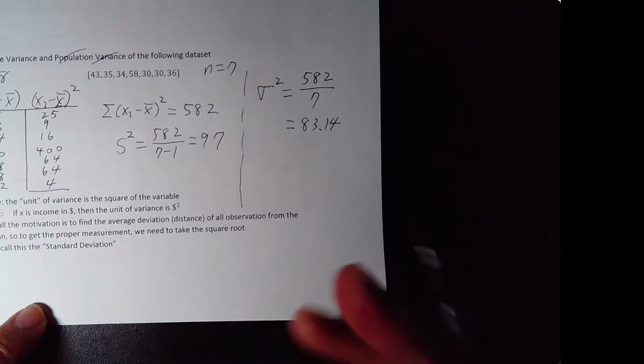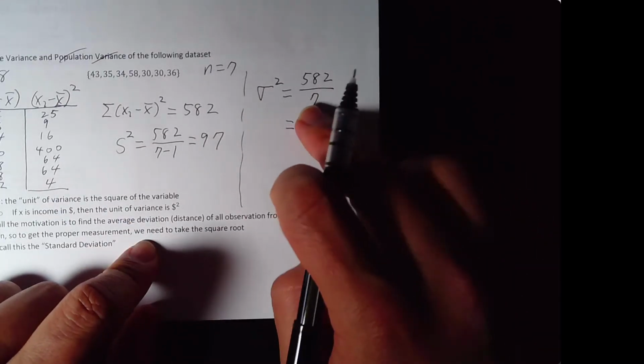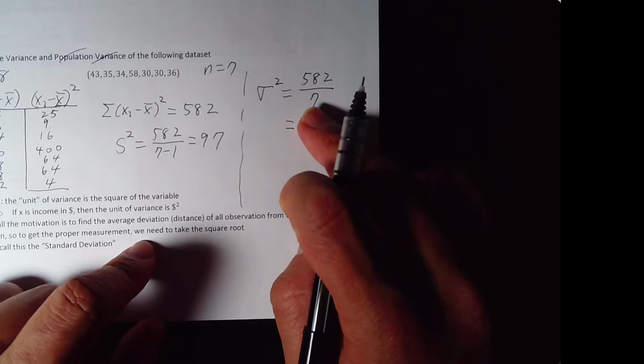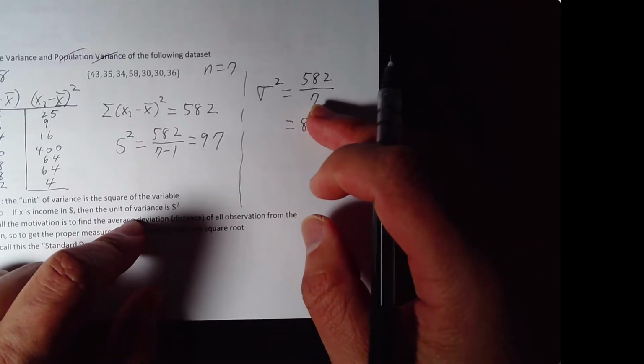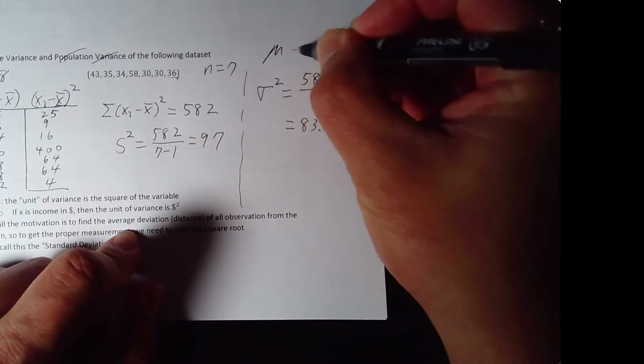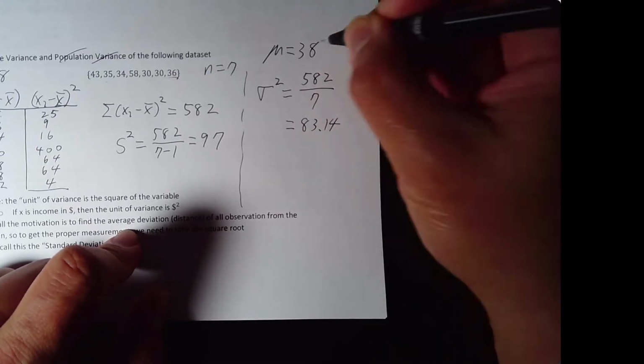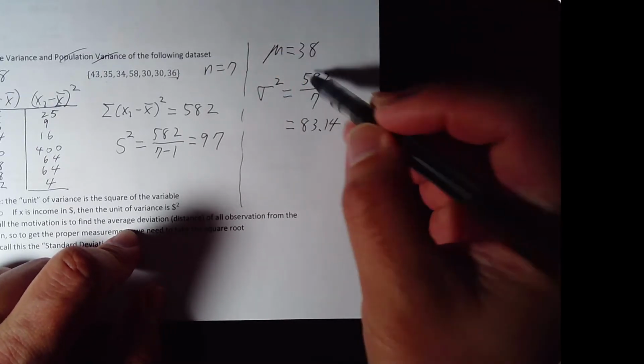A quick word here. If we're calculating the population variance, the assumption is that this is the entire population, and our mu, our population average, is 38. Again, this is a purely theoretical exercise.